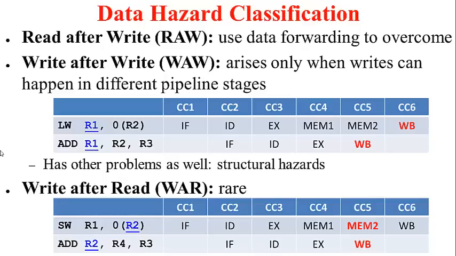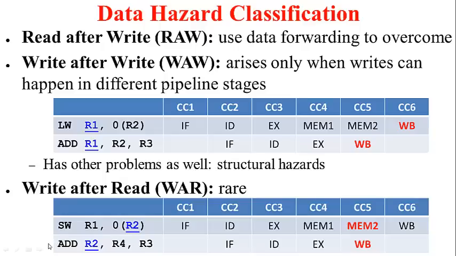The third kind of data hazard is the write after read data hazard. In this write after read, the dependence in the program is that a write should happen onto a register location after a read. So for example, here I have shown a store word instruction followed by an add instruction. What the programmer intended was that the store word should use the value of R2 from before the value is written by this add instruction.